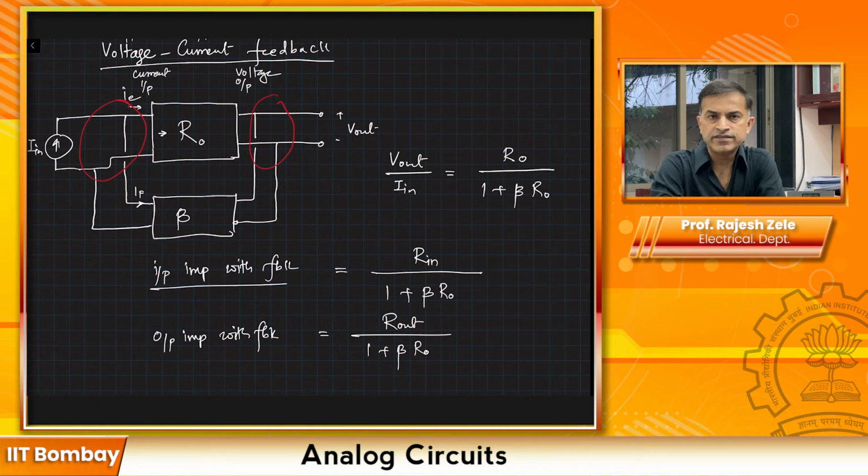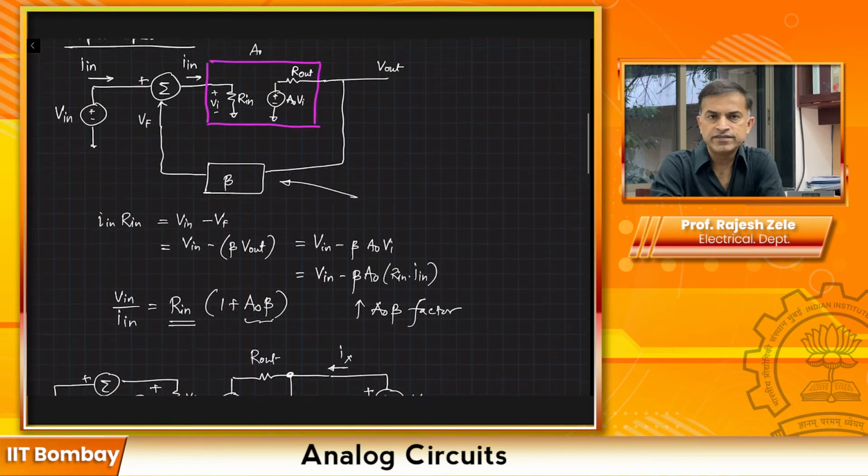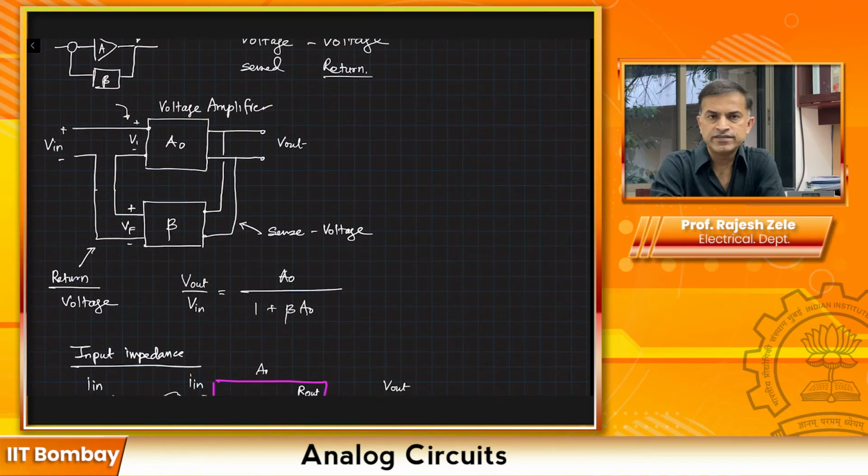In the previous case, let me compare that with you so that you see. In the previous case, you can quickly tell now that, hey, at the input, I have something going on in series. So input impedance will go up by the 1 plus beta A0 factor. At the output, I have something going on in parallel.